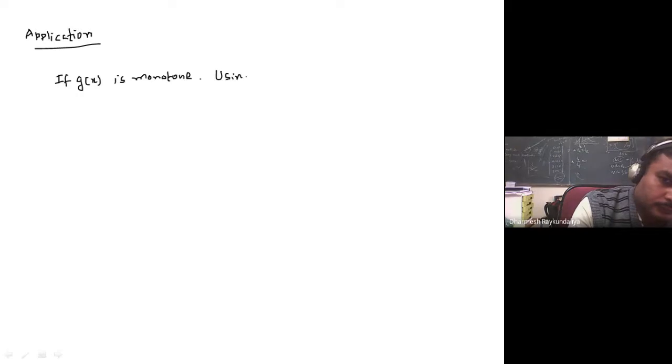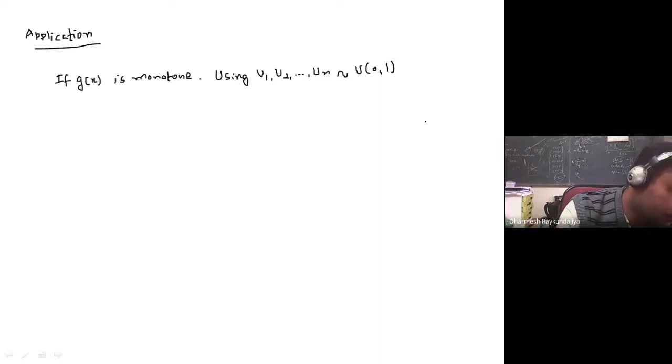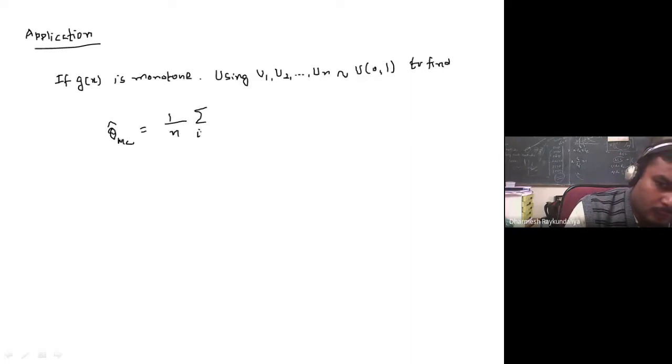Using u1, u2, ..., un generated from uniform 0, 1, to find the estimate theta cap MC, if G is monotone and we generate n random numbers from the uniform, it is 1 upon n summation i running from 1 to n of G of ui.